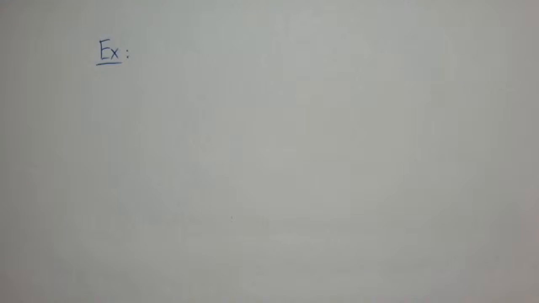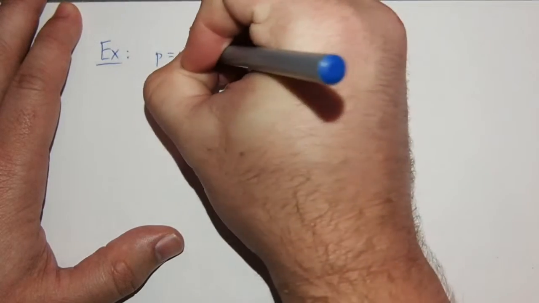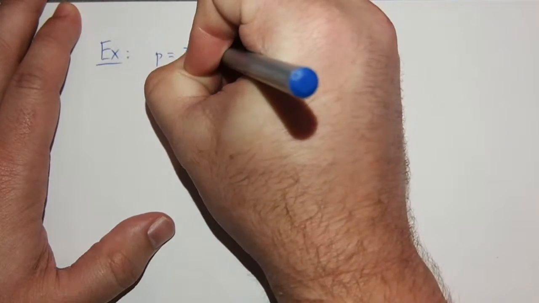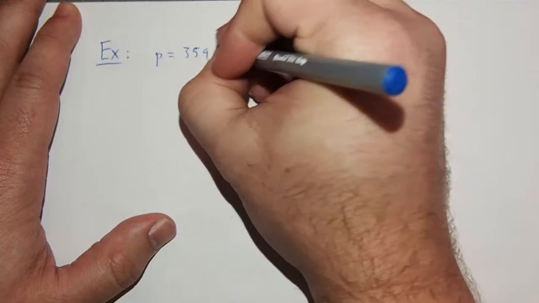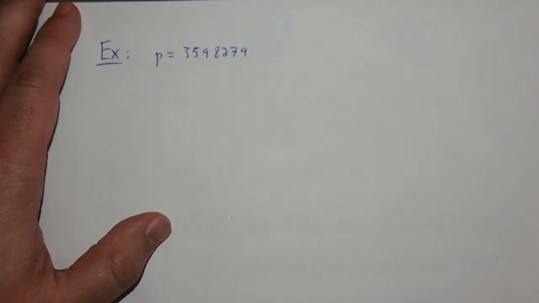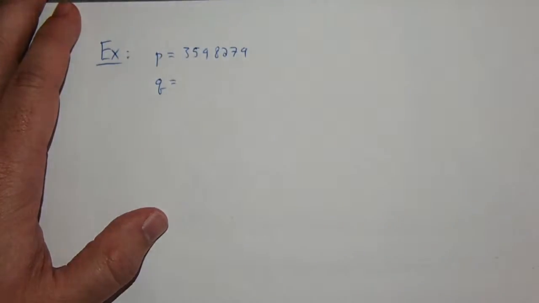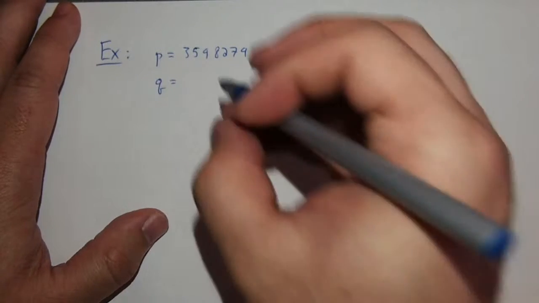She needs to be able to communicate securely with the other spies in her network, so to do so, she chooses two primes, P and Q, multiplies them together to get her modulus N. So P here we'll say is 3,598,279. Apparently that is prime. Q is another prime. It is 7,815,629.